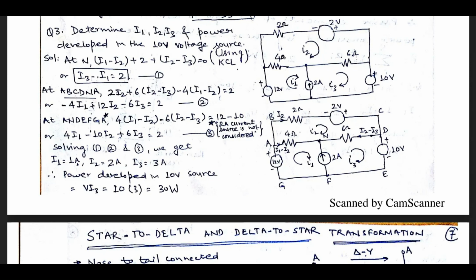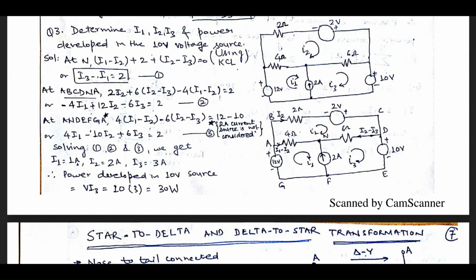These can be classified as vertices only; you can say these are dummy nodes. First of all, we will apply the KCL at the node N.